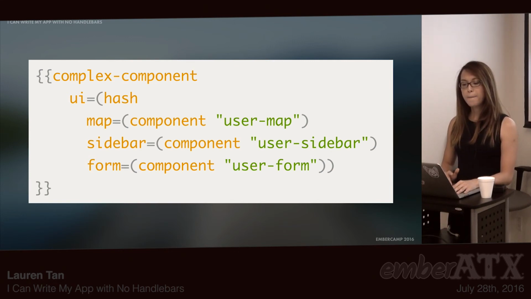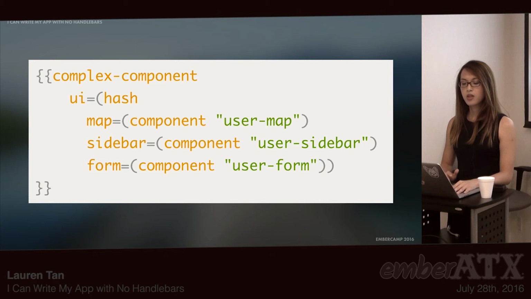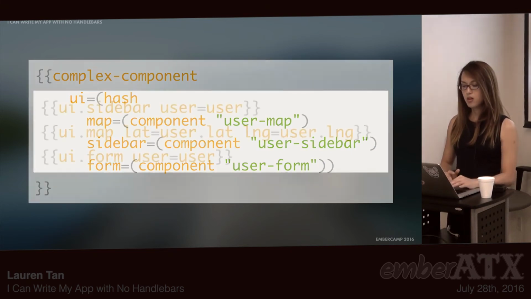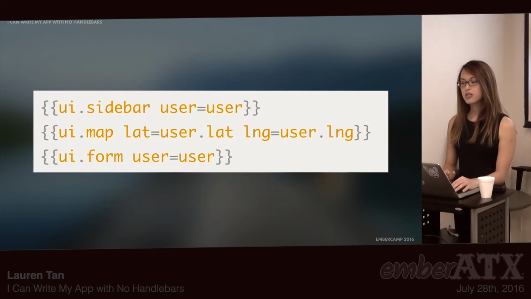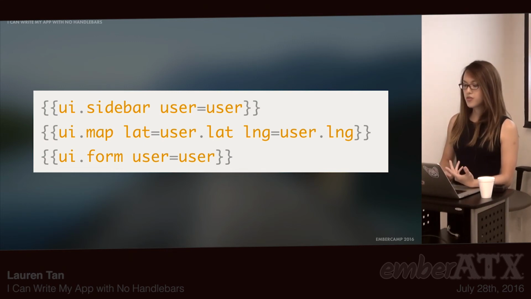And you'll notice that instead of using those components directly in the template of the complex component, I'm passing in those components as arguments into this hash called UI. And what this basically does is it lets you decouple those presentational components from the parent or the container component. And your parent no longer needs to know anything about how these components work.